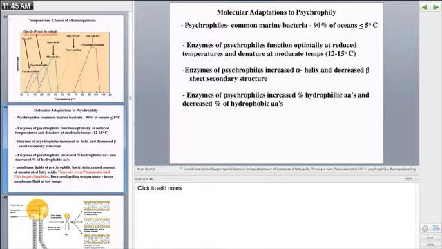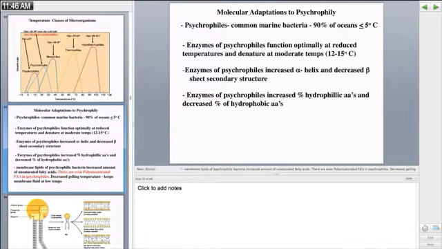Other adaptations that psychrophilic bacteria have: an increased percentage of hydrophilic amino acids, water-loving amino acids, and thus a decreased percentage of hydrophobic amino acids. This concept is going to be a little bit easier to explain when I'm talking about the adaptation of thermophiles and hyperthermophiles, because bacteria and archaea that live at very high temperatures have the opposite adaptation.